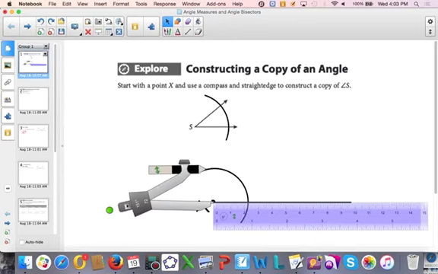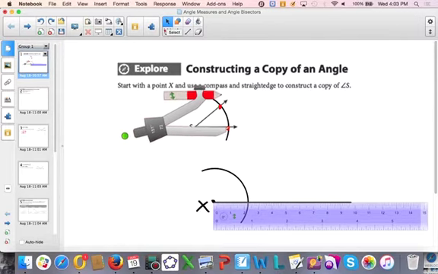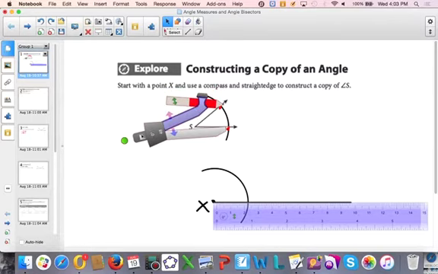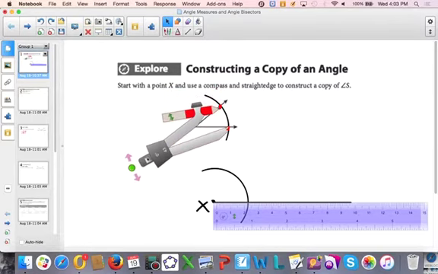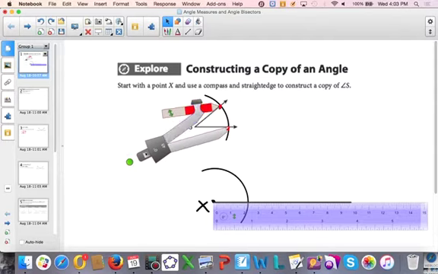Okay, so what I'm doing is giving myself some reference points on my original angle such that I can set a compass setting that I'm duplicating on my new angle. Here's what I mean. My next compass setting is going to be from here to here. So I take my compass and bring it over to the original angle, and I change my compass setting to be the difference between those 2 points.